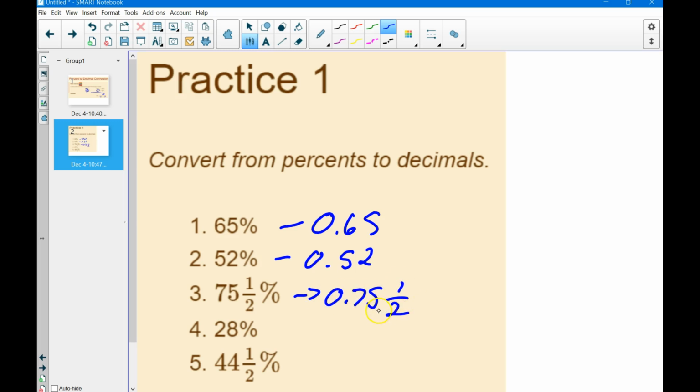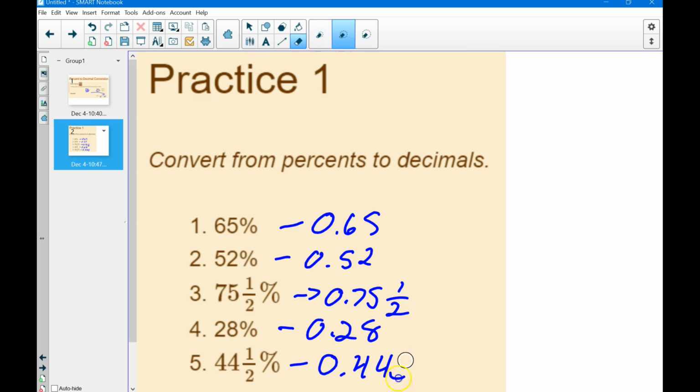You can take that to another value if you wanted to. Turn it into a decimal. 1/2 is actually 0.5, so it'll be 0.755. Down here you'll notice that it's going to be 0.28. And if we wanted to, down here we could have 0.445. But the book shows you 1/2, so we leave it like that. And that's pretty well it. Just the decimal places. No sweat.